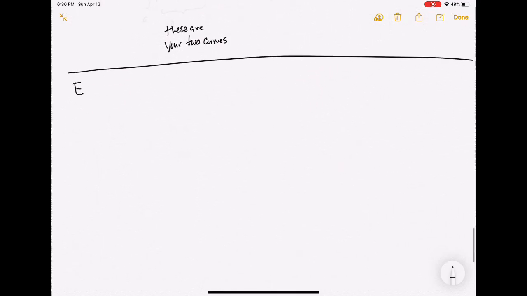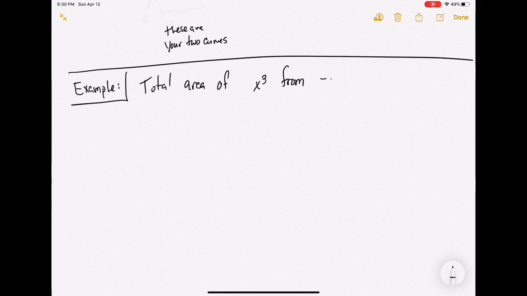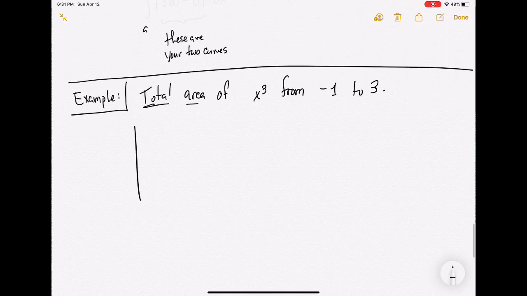So example, total area of x cubed from -1 to 3. So the total area of x cubed, right, that's a special thing here. Since x cubed can be negative, I'll draw it out really quick.